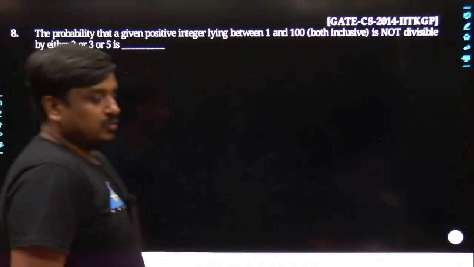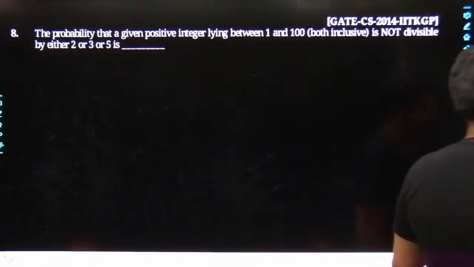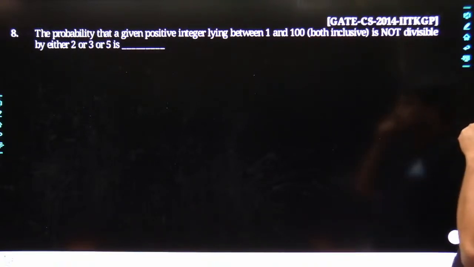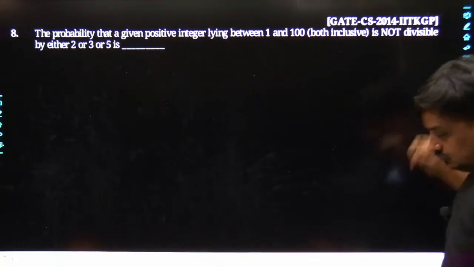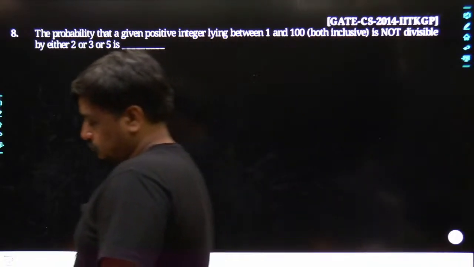What would be the best answer for this given problem? Waiting, guys.